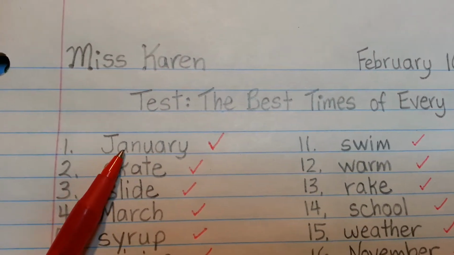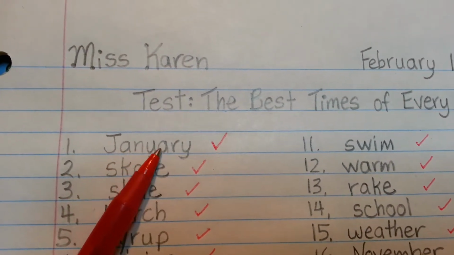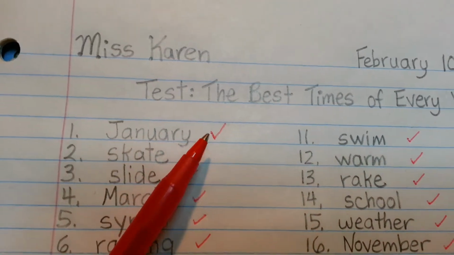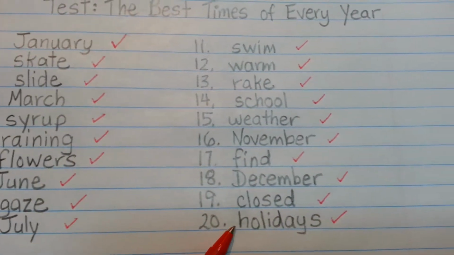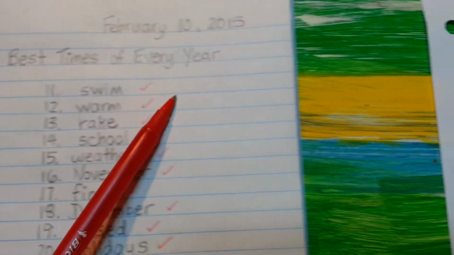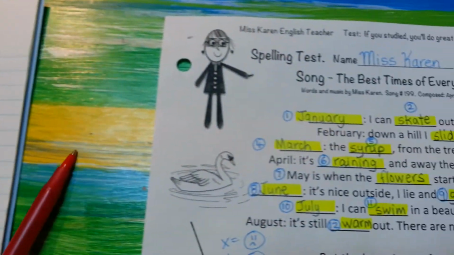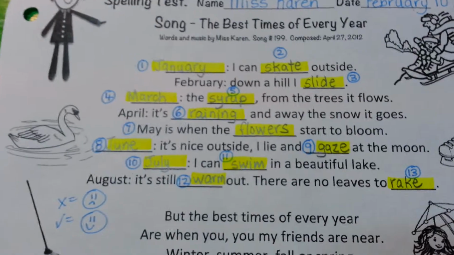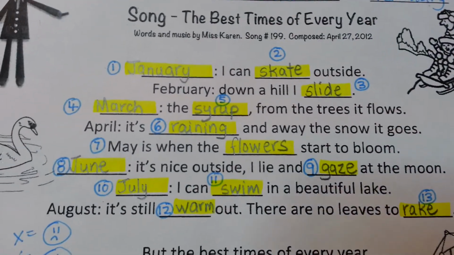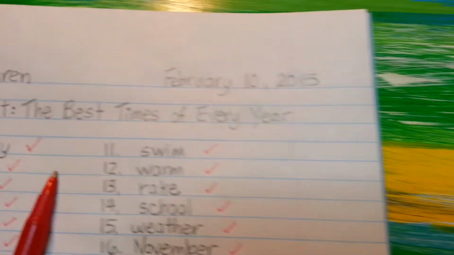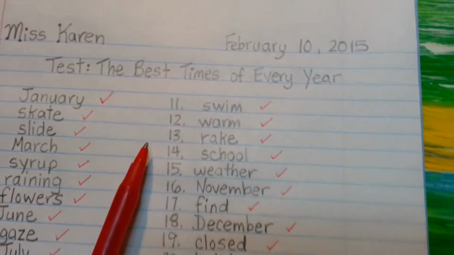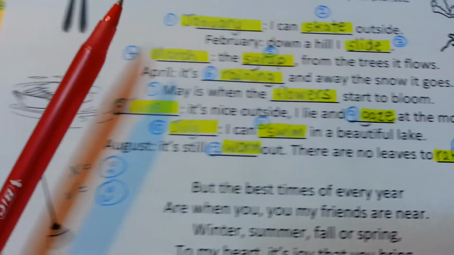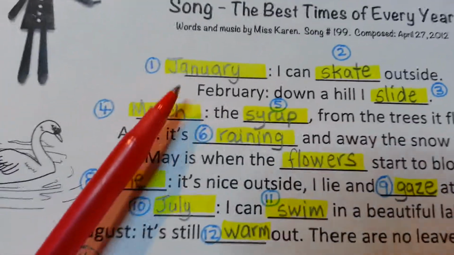Capital January. Remember, you need to spell all these words perfectly because it's a spelling test. If you make a mistake, that's okay. You'll learn from it. Just put the correct answer beside it here. Don't just put an X. Continue.